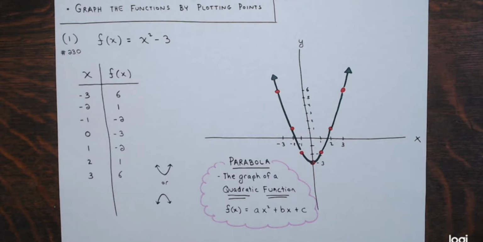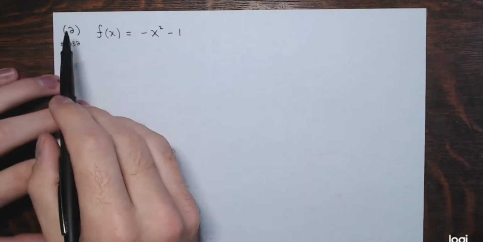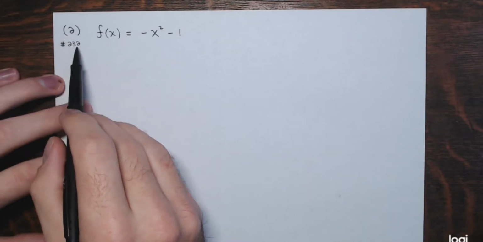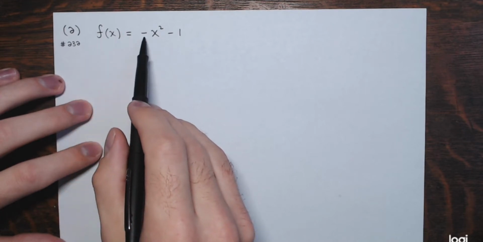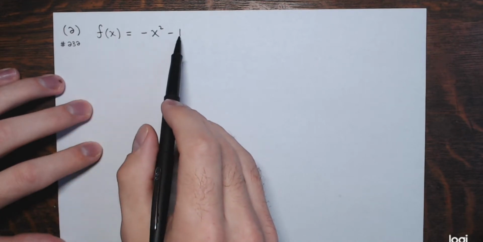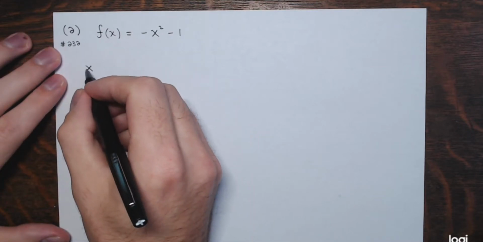The graphing, simple stuff. Alright, so the next exercise is the same thing. I'm asked to just graph by plotting points. So example 2, exercise 232 from the text, we have f of x equals -1 times x squared minus 1. So again, I'll make a little table.